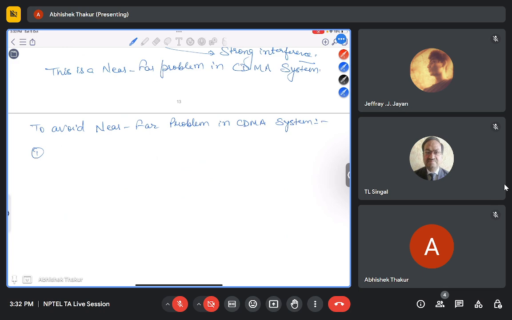First, lower power has to be transmitted to the user which is nearby to the base station.